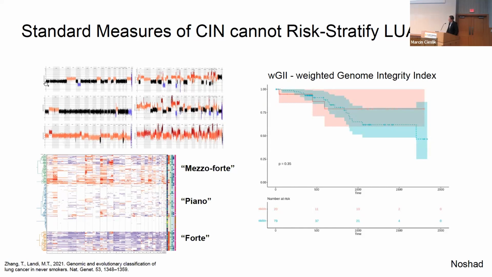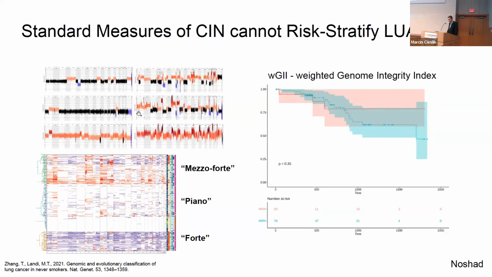This is a stable lung adenocarcinoma. You can see that it has a very stable baseline of 2 copies with few chromosome arms, but generally whole arms or whole chromosomes gained or lost. So such a tumor would be classified as stable because not many chromosomes deviate from the baseline of 2.